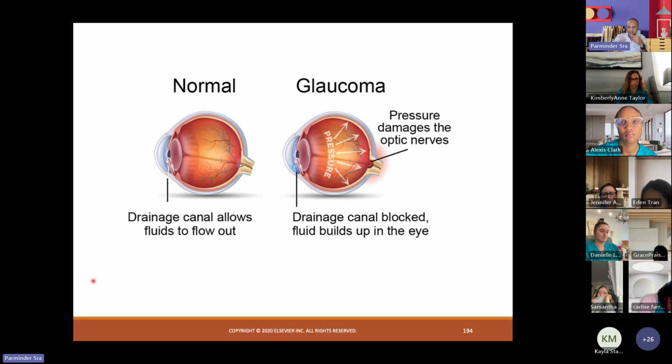And this is how it looks. Normally, see, this is the drainage canal, and the fluid, the aqueous humor, can still come out and drain out. But here, it's partially clogged, and it's not able to drain out, and then the pressure builds up, and that can damage the optic nerve.